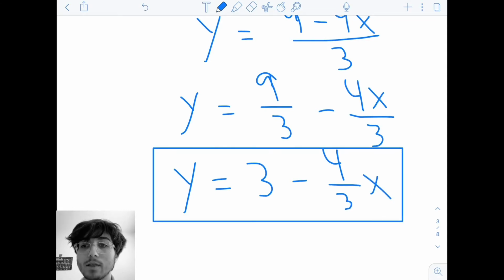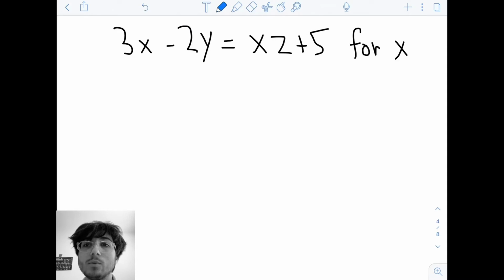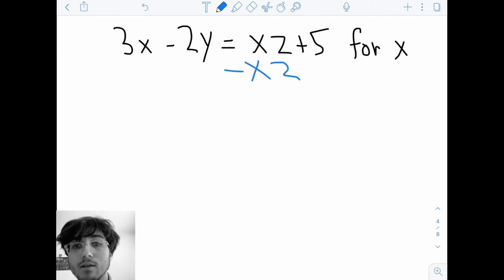Let's do another example. In this literal equation, there's x on both sides, and we want to solve for x. So to do that, let's put all the terms with x on one side of the equation. So let's subtract xz on both sides.